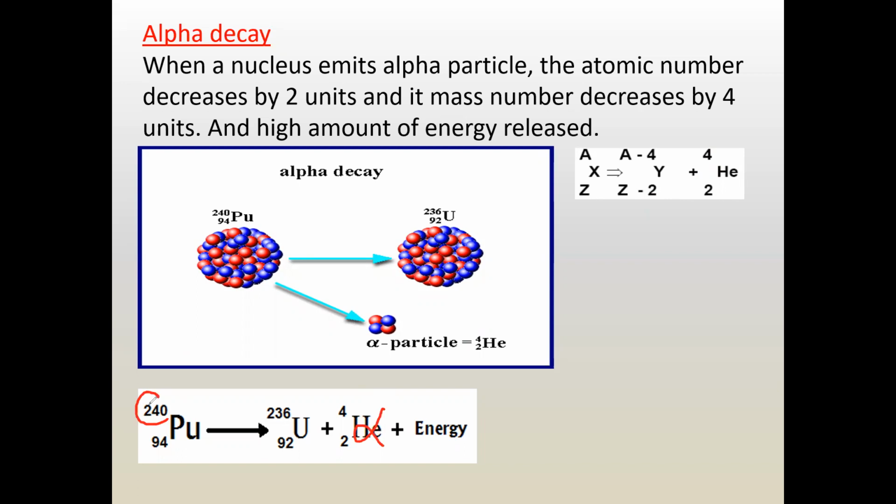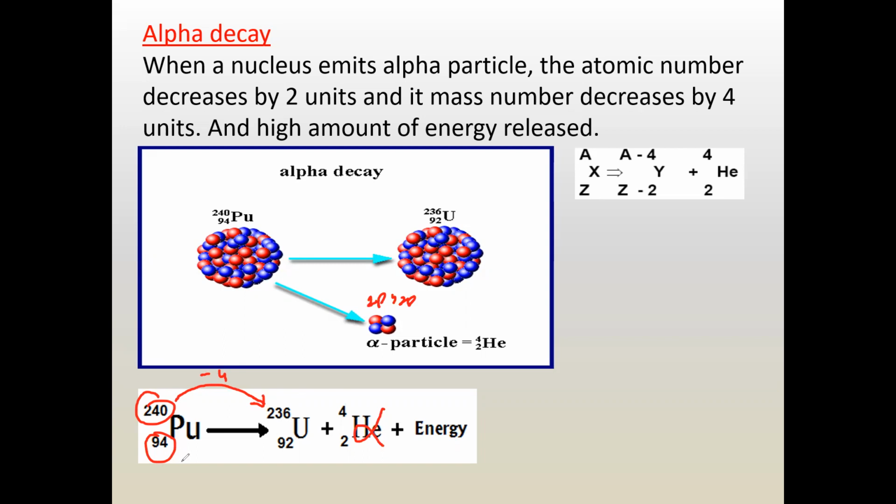So if it is 240 and 94, when it emits alpha, alpha means two protons and two neutrons. So when two protons and two neutrons come out, how much will the mass decrease? The nucleon number is a sum of proton and neutron, so the mass will decrease by 4. So 240 minus 4 will be 236.